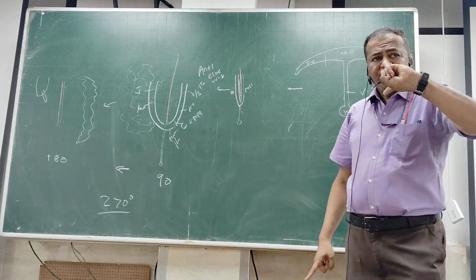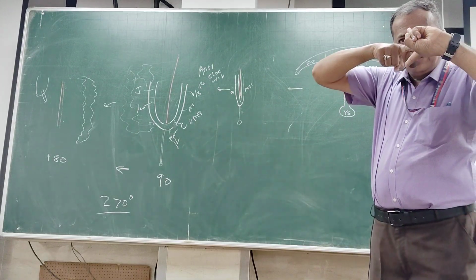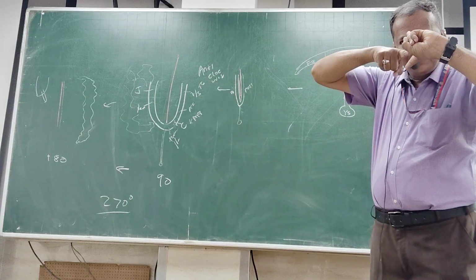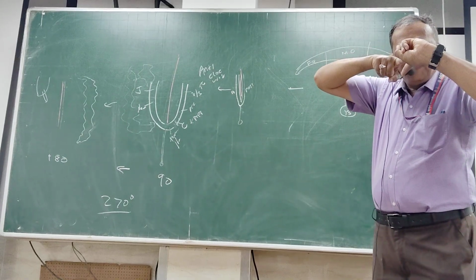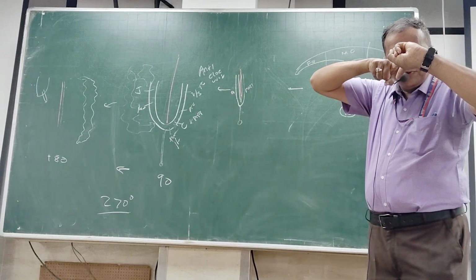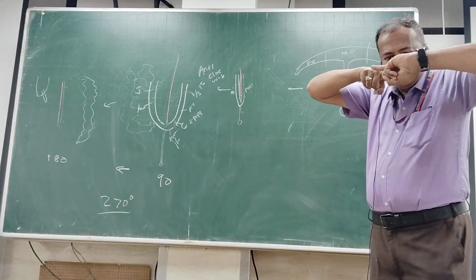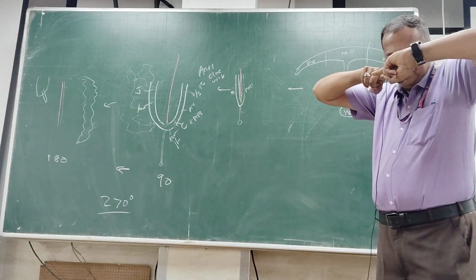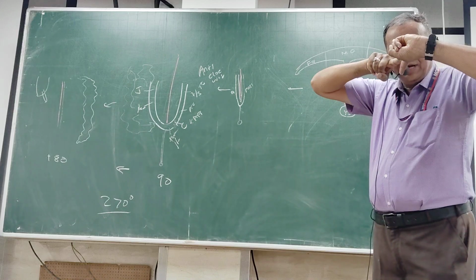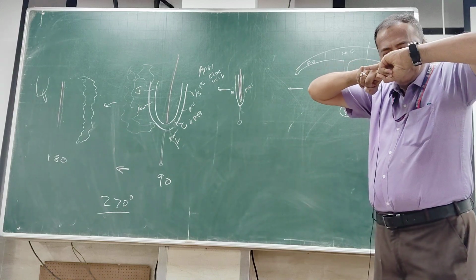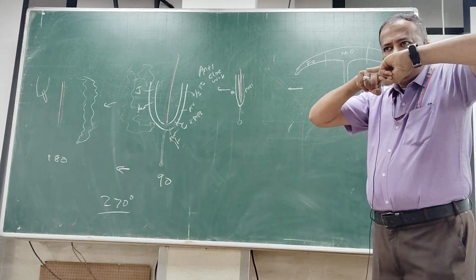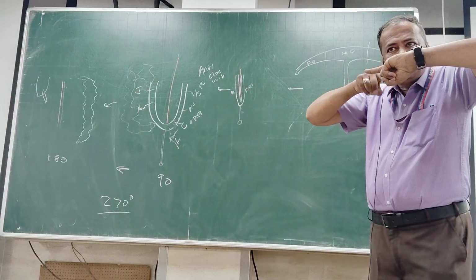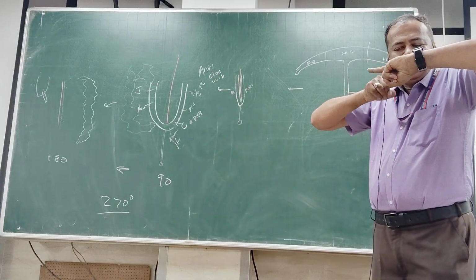If you want to remember the rotation of gut, all of you, come on, do like this, okay? So the first rotation that happens is 90 degree. When 90 degree happens, the pre-arterial segment comes to lie on the right side, post-arterial on the left side. But I said jejunum develops from pre-arterial and cecum appendix develop from post.